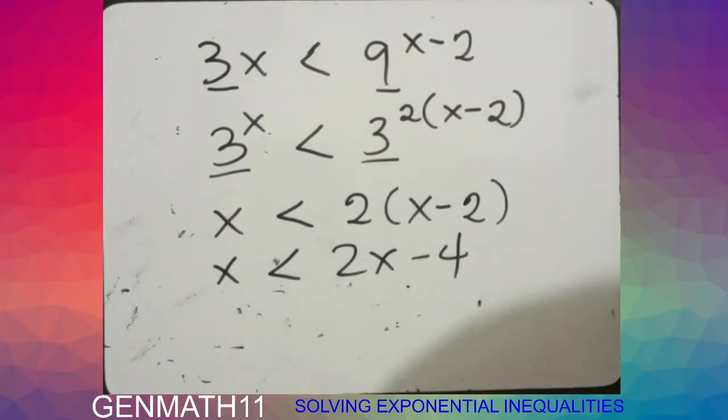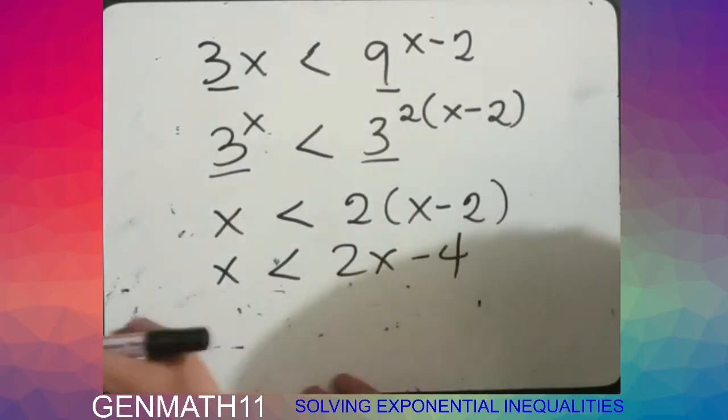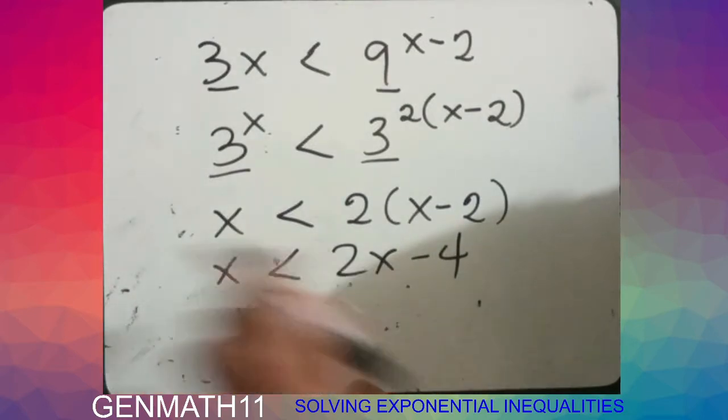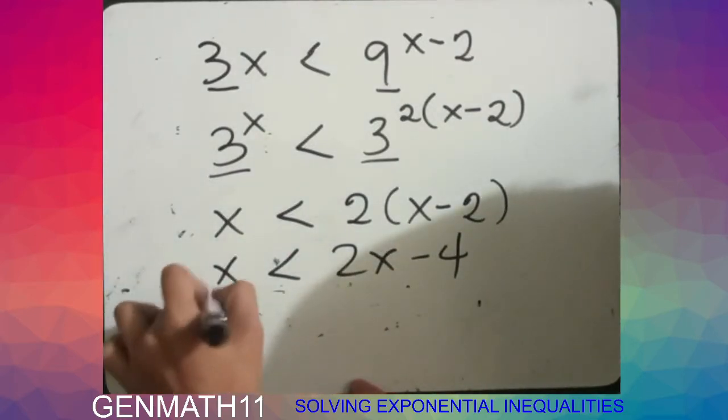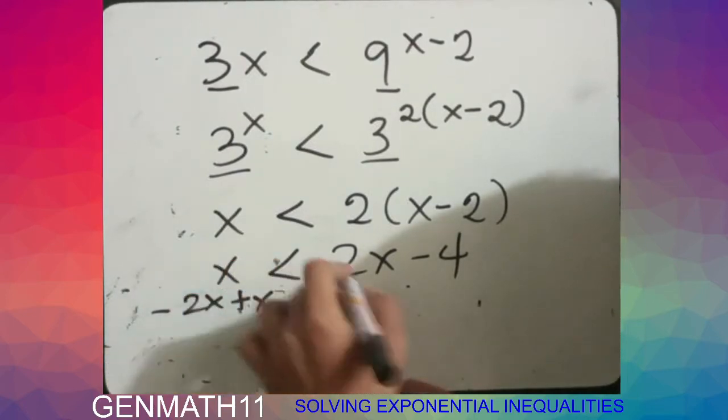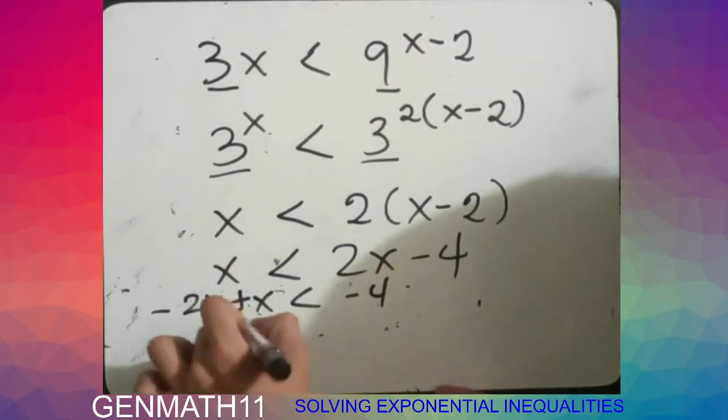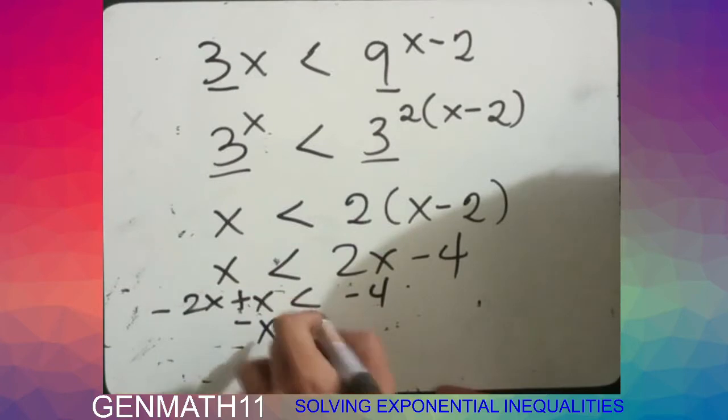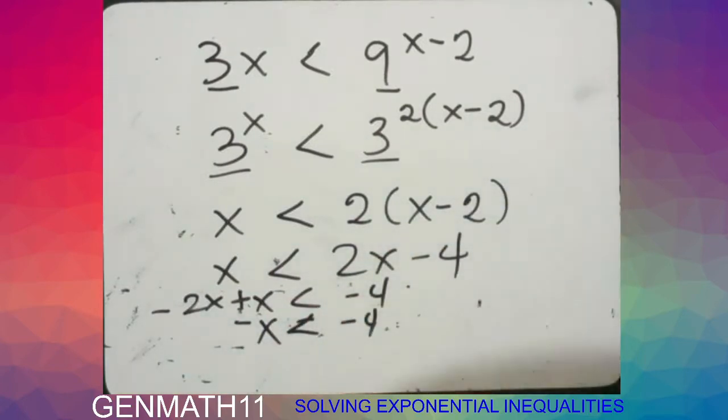So, gagawin natin, the same din naman, ililipat natin si x. Dahil si 2x sa kabila, magiging negative 2x plus x is less than negative 4. So, negative x less than negative 4. Since meron tayong negative sa x, ililipat natin si x sa kabila, si negative 4 ililipat din natin sa kabila.